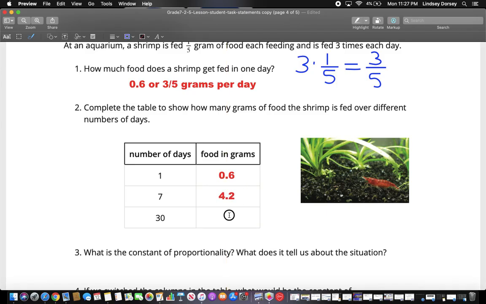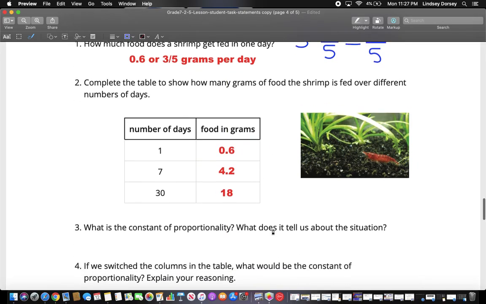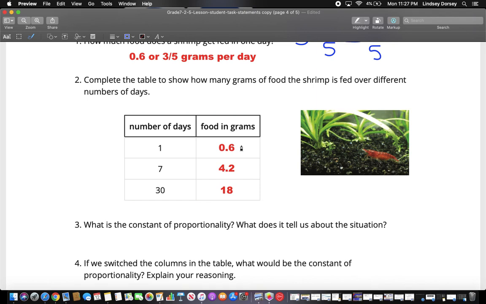Okay, 4.2 grams, good. And what about 30 days? 18 grams.